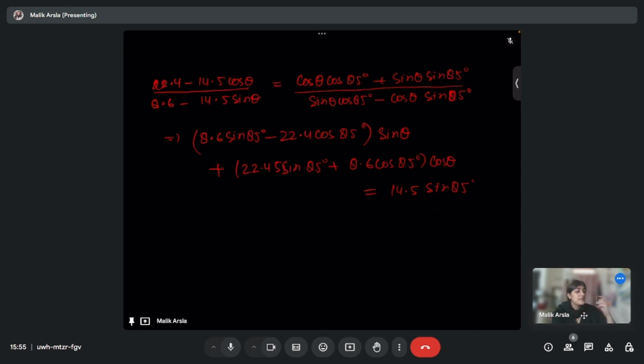Now here you can see that this is my a dash, this is my b dash, and this is my c dash. This equation will simplify to this.